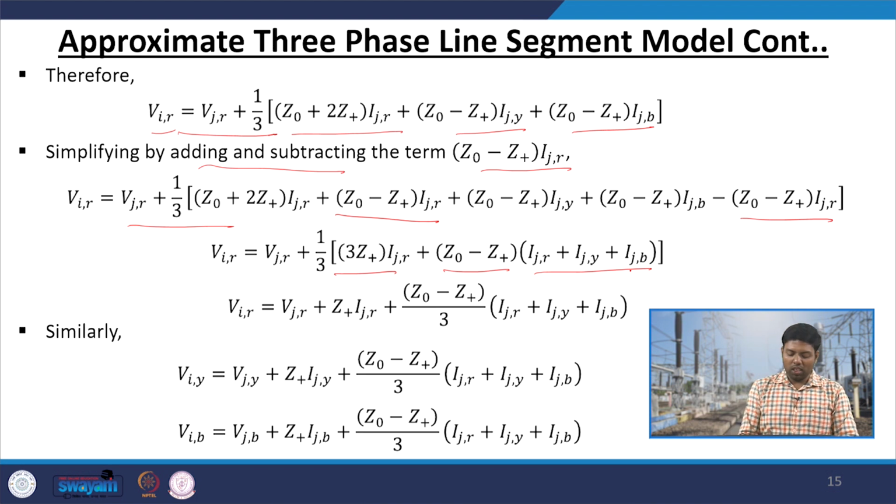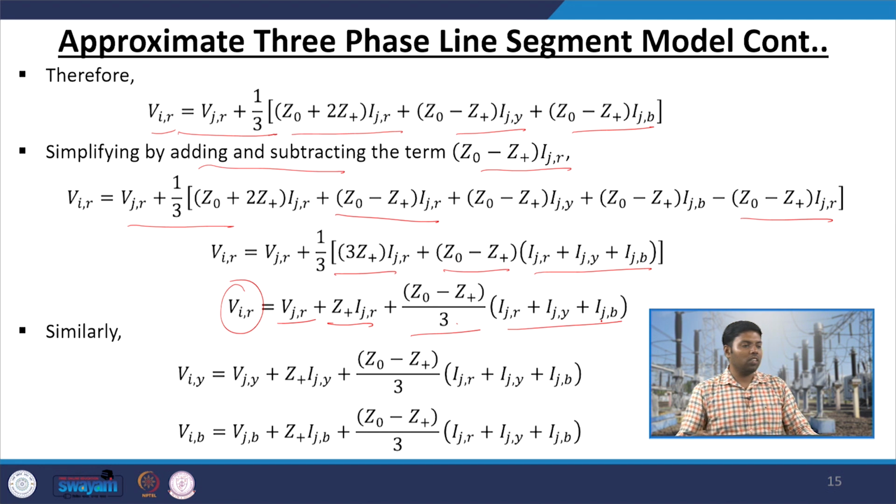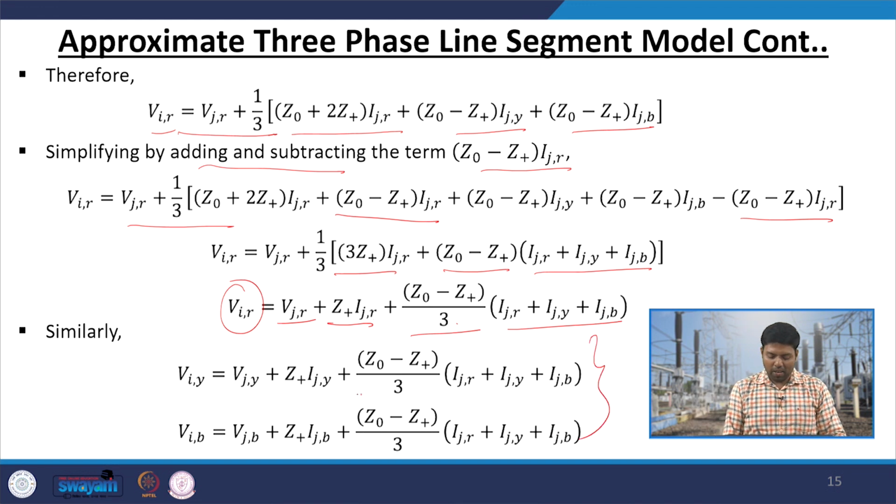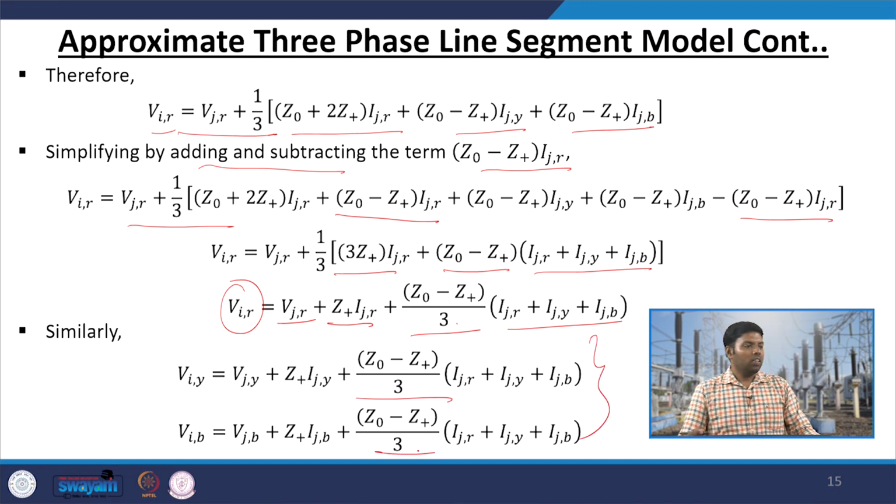So, your actual equation will become: the sending end voltage equals the receiving end voltage plus your positive sequence impedance multiplied with that phase current, this is your IJR, R phase current only, plus your (Z0 minus Z plus) by 3 multiplied with the summation of these 3 phase currents, IJR plus IJY plus IJB.